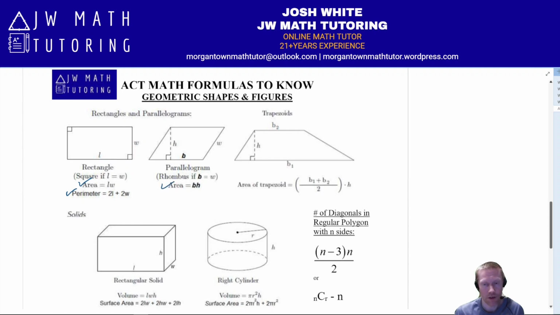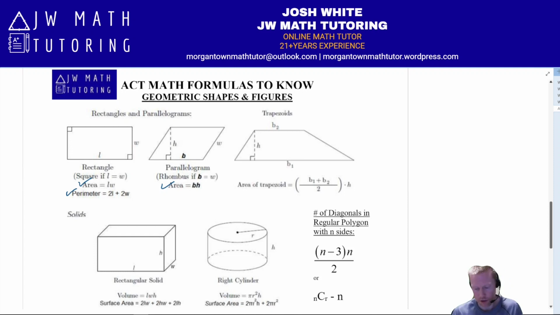Then you also have trapezoids that come into play sometimes. So for a trapezoid, the most common formula you see is dealing with the area of it, and that's just going to be equal to basically the average of the bases times the height, or in other words, as you see here, it's base 1 plus base 2 divided by 2, and then that whole thing times the height.